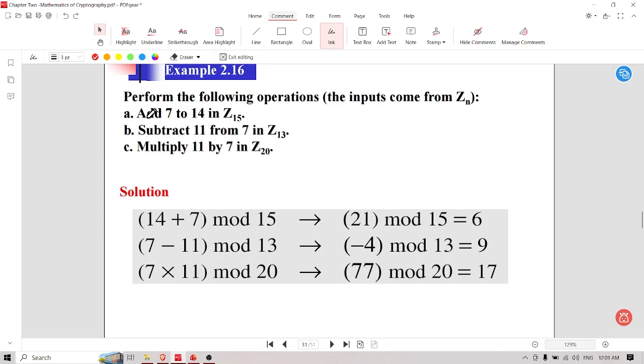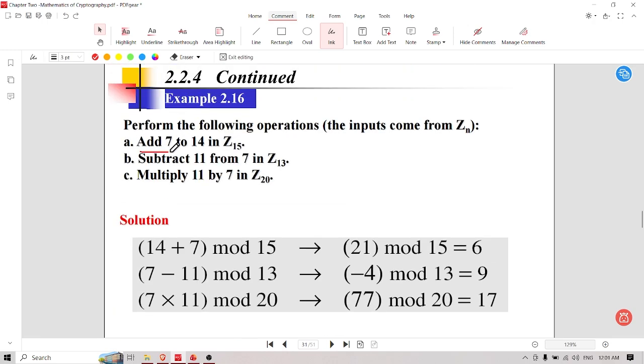Now, for example, in here, add 7 to 14 in Z15. This means that we add 14 to 7 and mod 15. Now we will have 21 mod 15 and it will be equal to 6. We say that 21 is 15 multiplied by 1 plus 6. 15 plus 6 is 21, and that's how we got that 6.